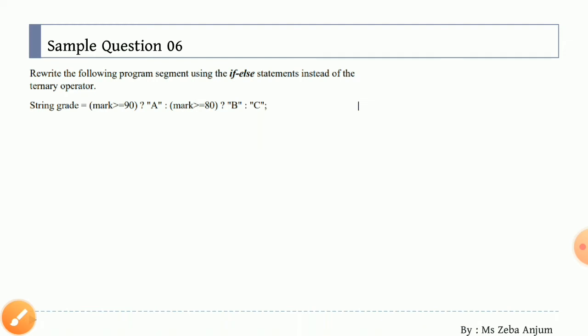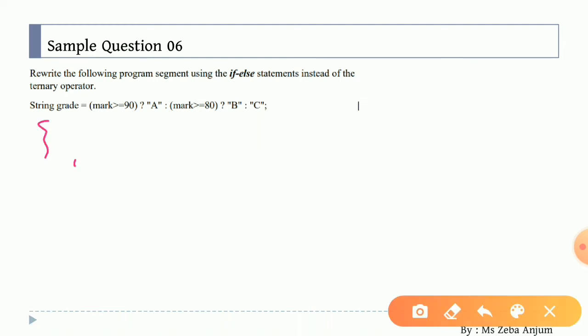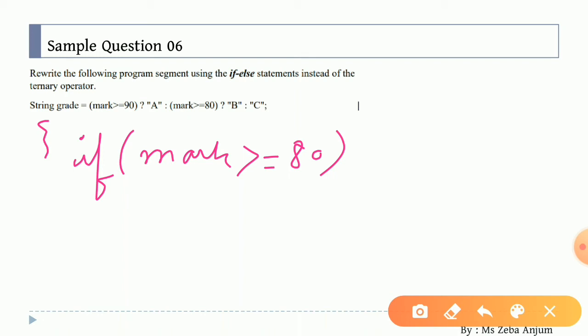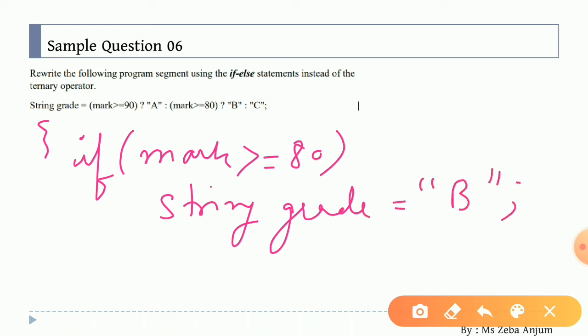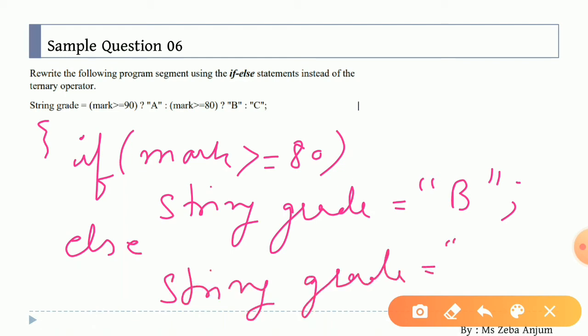Okay, so in else part you will be writing out firstly if mark is greater than equals to 80, then the true statement, that is string grade equals to capital B, else string grade equals to capital C, and you close your else portion as well. Okay, so this is how you are going to write down your if-else statement for ternary operator.